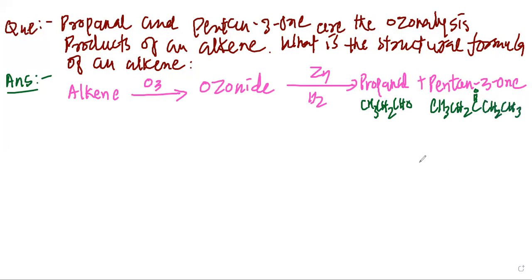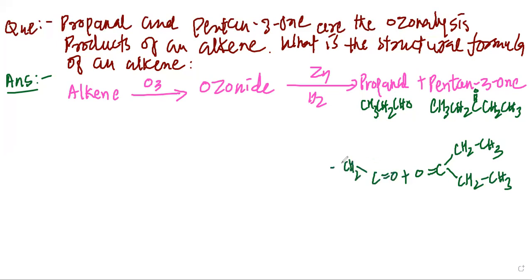For pentan-3-one, both sides have CH2, CH3, and for propanal we can write C double bond O, then CH2 and CH3, and here we have H. From this we can easily identify that these are carbon number 1, 2, 3, 4, 5 and 6, and there is a double bond in the alkene between carbon number 3 and carbon number 4.